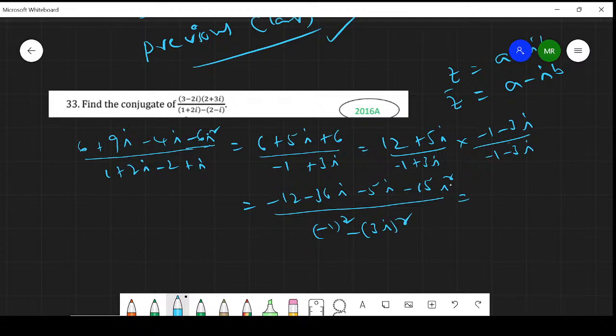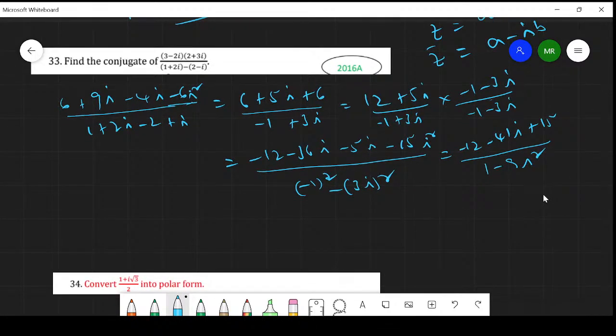Minus 12 here, 15i square is minus 1, so this is minus 12 plus 15. You can see minus 12, minus 36i minus 5i is minus 41i, plus 15i square is minus 1, by 1 minus 9i square. Still you can simplify this.